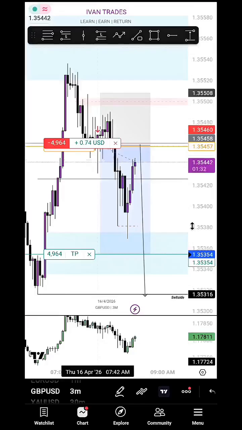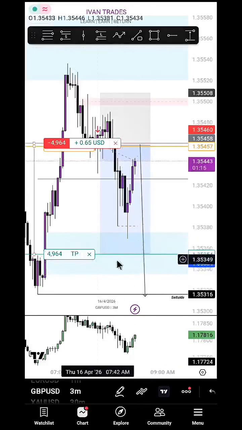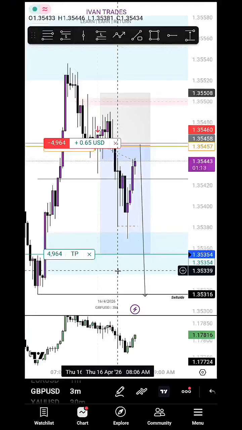Yeah, so that was it. 8:30 is bound to expand higher towards all these highs. So I think this was the cleanest setup I could see today.